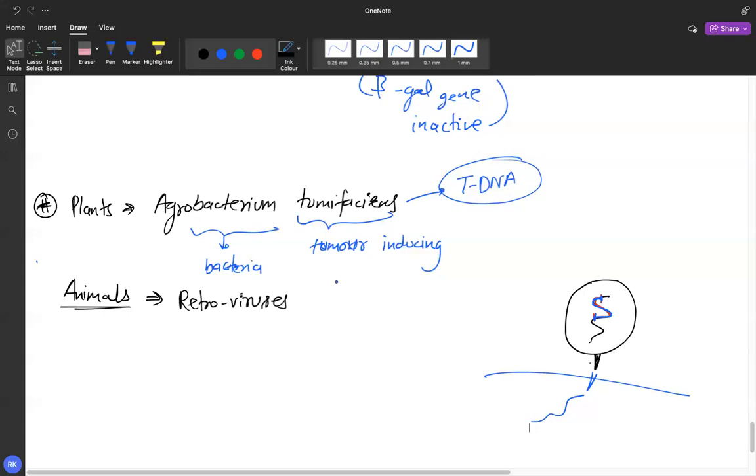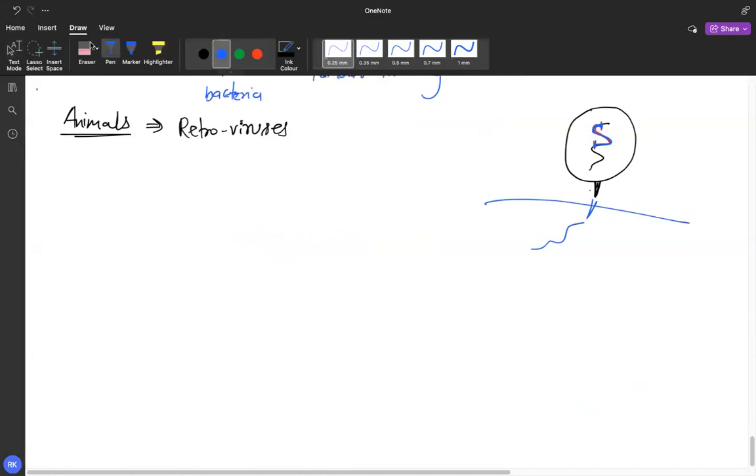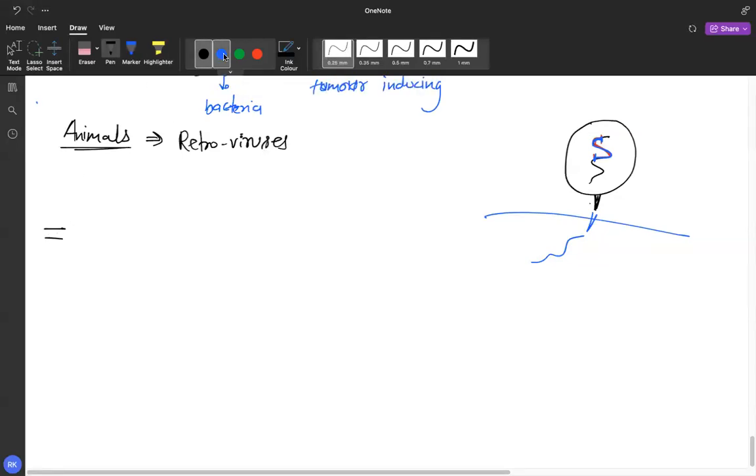Cells can't listen. So what you're going to do is you're going to make them competent. Making them competent simply means torturing them chemically. And this exactly is the process of making a cell competent. So let's write it.